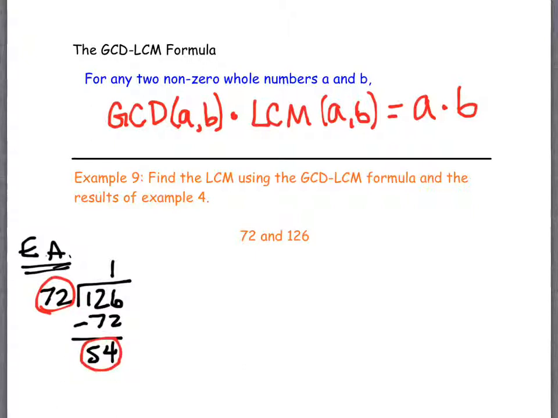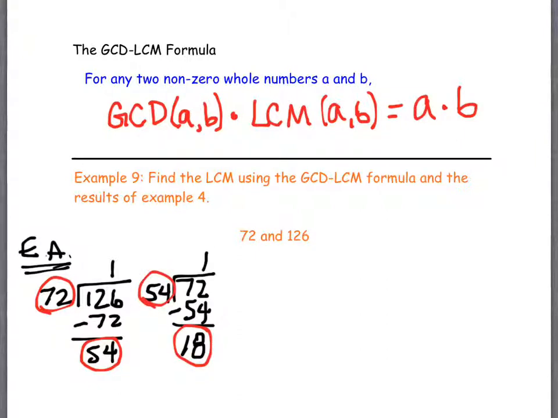Okay, what's next in this algorithm? Take the 54 and the 72, and what do we do with them? We do 72 divided by 54, and it goes in one time again. What's 72 minus 54? 18. If this feels like something you've done before, it's because you have.